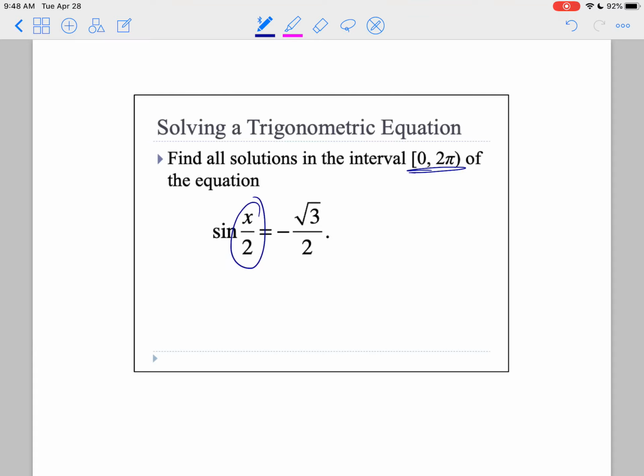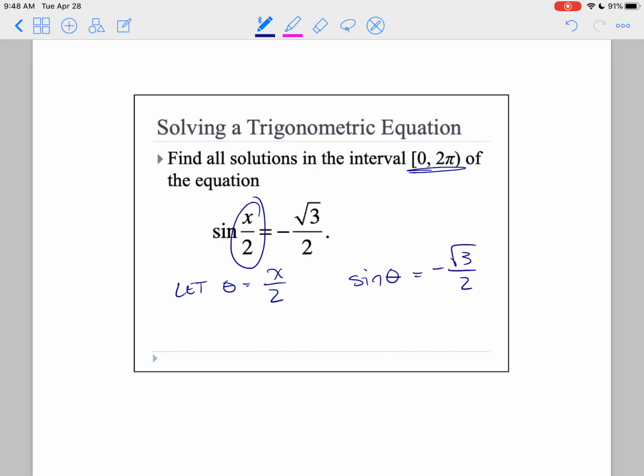Here we notice that we're looking for when sine of x over 2 is negative root 3 over 2. I'm going to let theta equal x over 2 so that I can look at this a little bit more plainly.